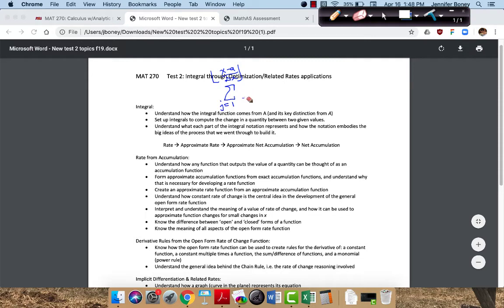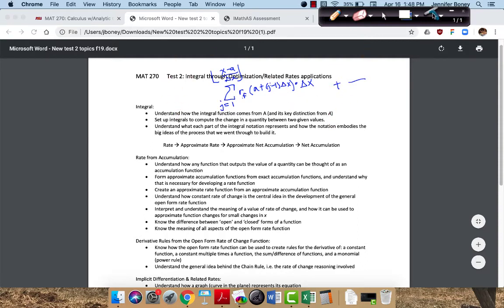All this stuff was previous test: r sub f of a, and then r sub f of a plus delta x, a plus 2 delta x, and all that, this a plus j minus 1 delta x, all multiplied by delta x, and add on the one stray term for partial intervals. All of that was last test.